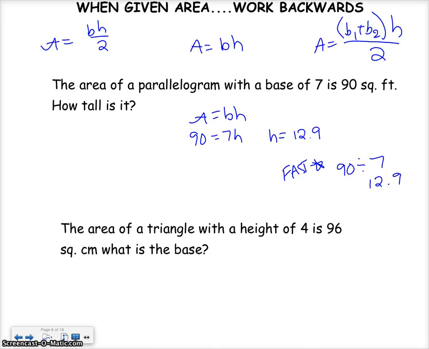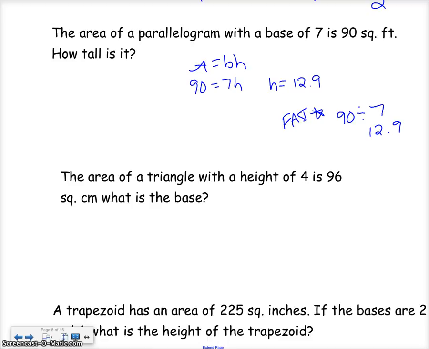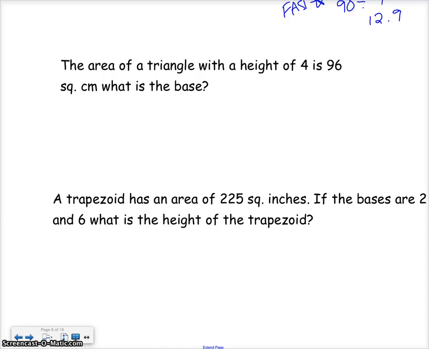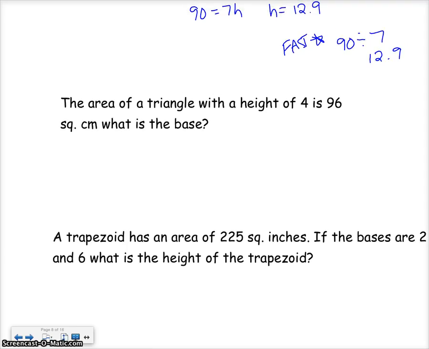Okay, the area of a triangle that has a height of 4 is 96 square centimeters. What is the base? Here's what I know. Area is base times height over 2. I'll do the beautiful algebra way.